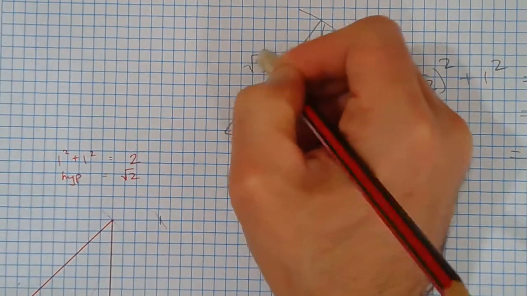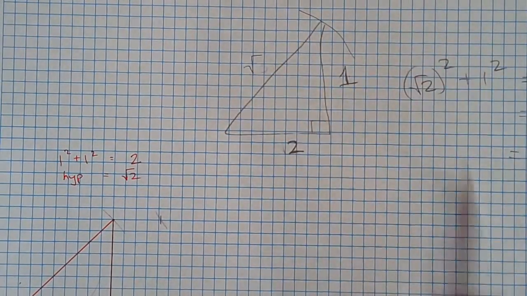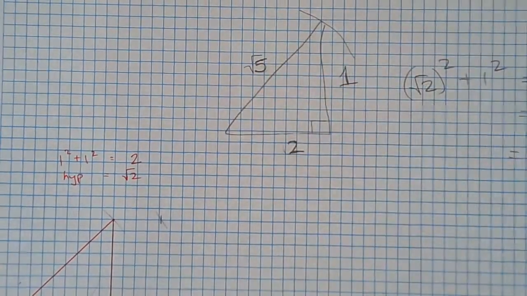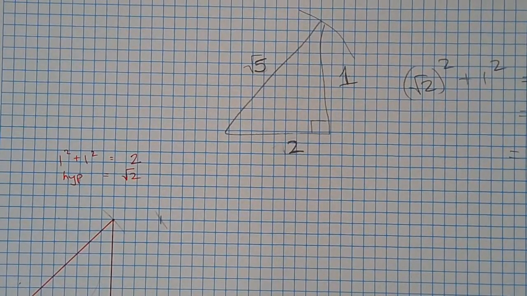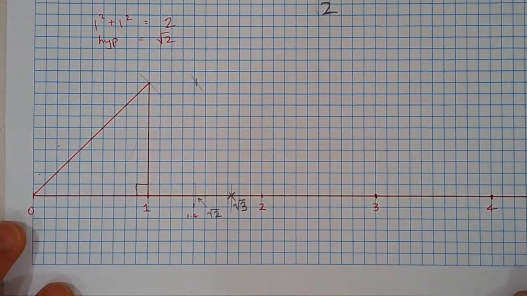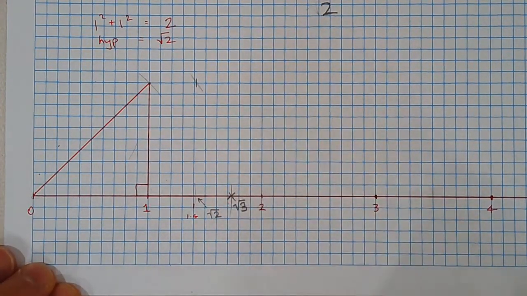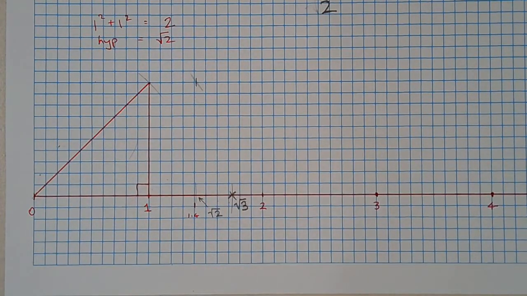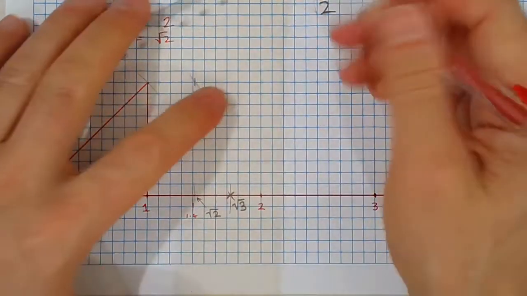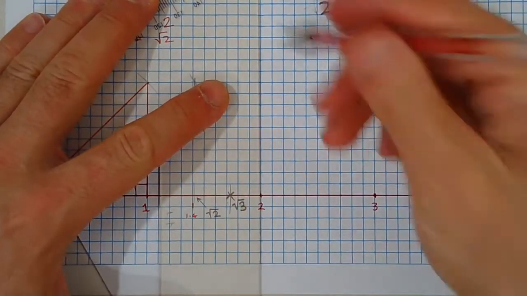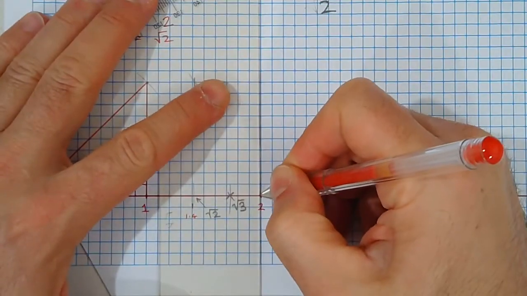So the hypotenuse will be square root of 5. So let's do this. So 2 along, from 0 to 2, and then we go 1 unit up to form a larger triangle. This will be our final triangle. Lucky, it's actually on the grid lines themselves.